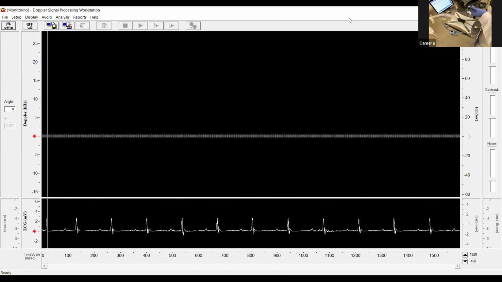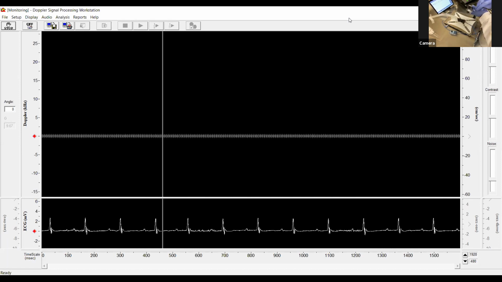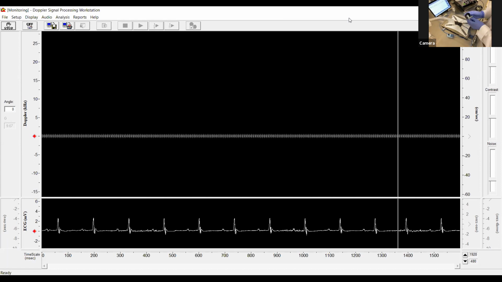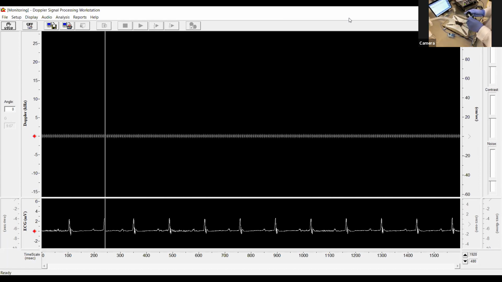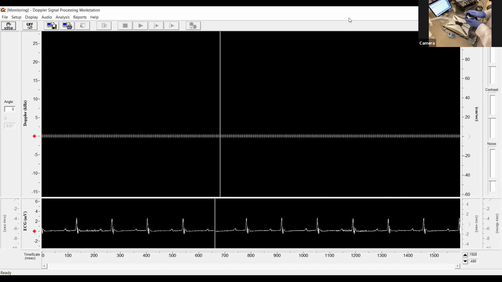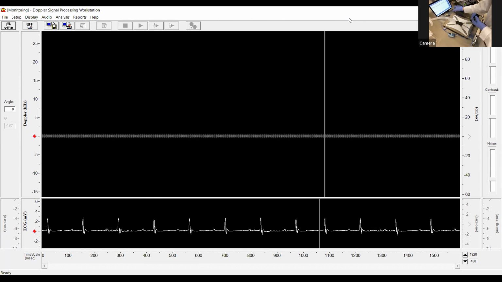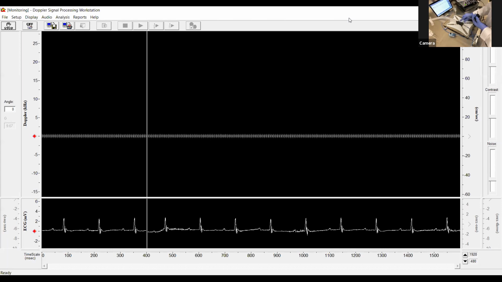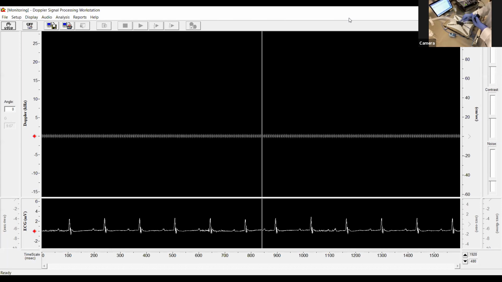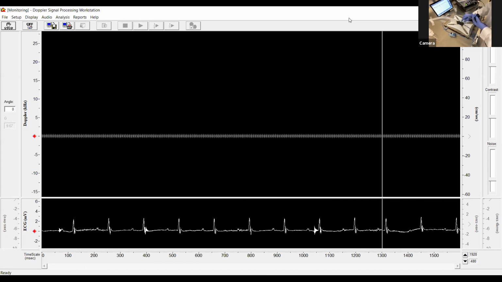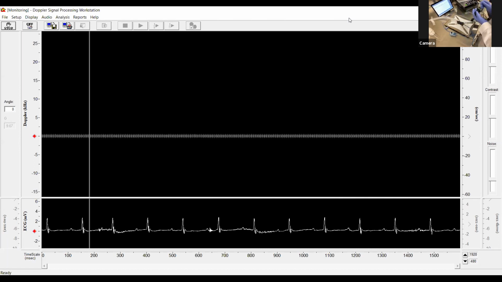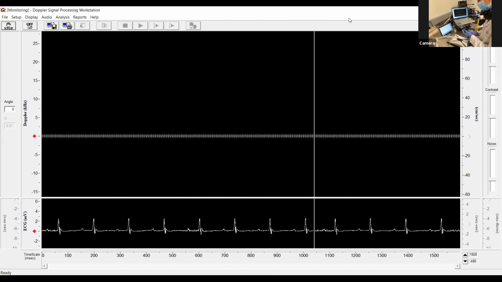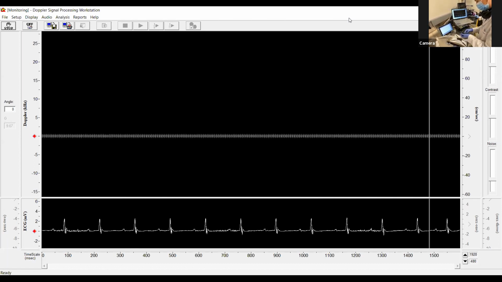What we're able to do on the software is then measure how long it takes the pulse to travel, and we'll show you how we determine that. Then we can use calipers to measure how far those two probes are from one another, and in doing that, we would get the pulse wave velocity in meters per second. As the arteries stiffen, perhaps with age or disease or treatment of a drug, then we can measure that.